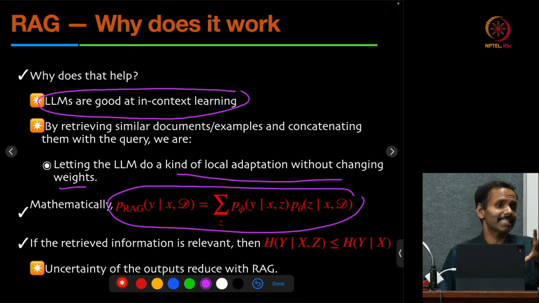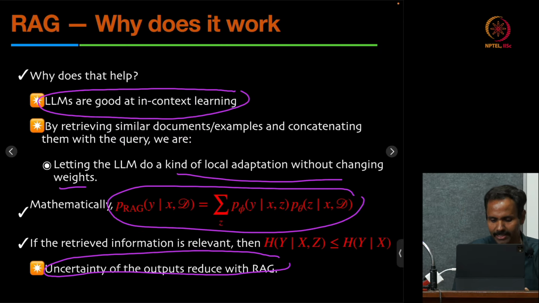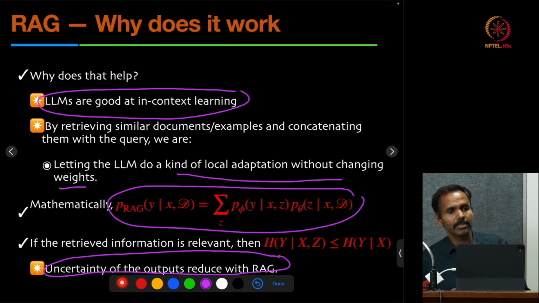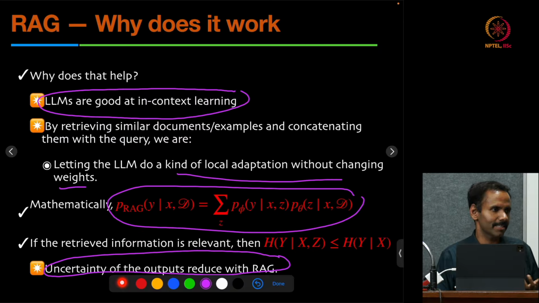In an ideal setting, even in the worst case, it should be able to ignore that and generate the response. So, what one can prove is that the uncertainty of the outputs is reduced with RAG, and the confidence, which is inversely proportional to your uncertainty, increases. You are more sure about the response that you want to make, and therefore your responses are also likely to be better.